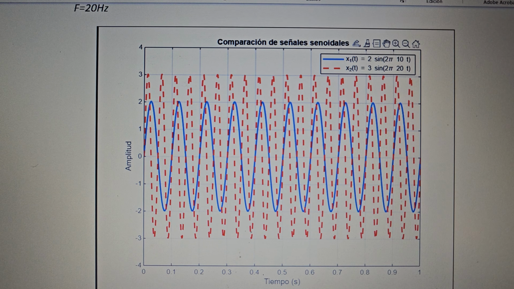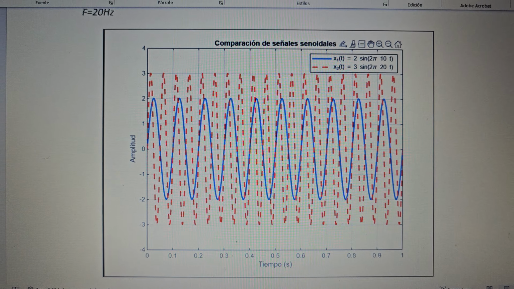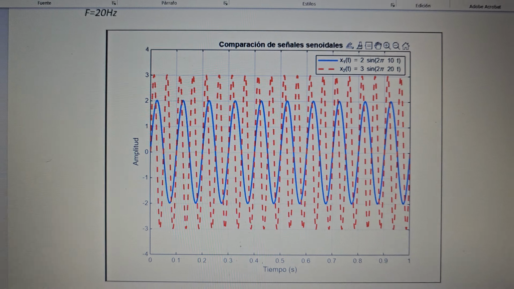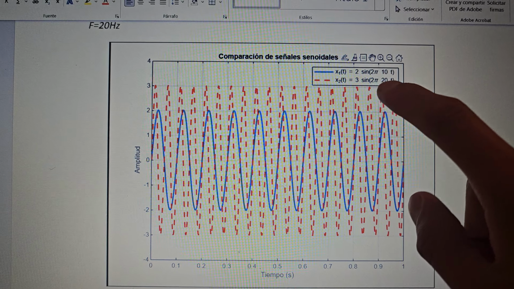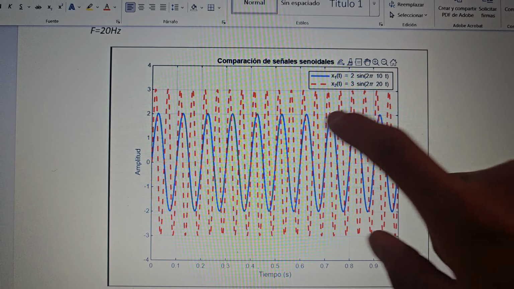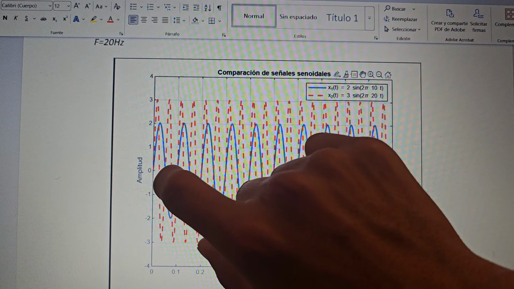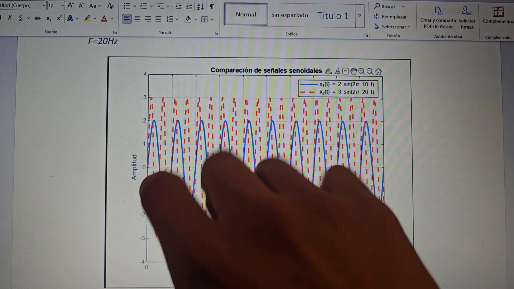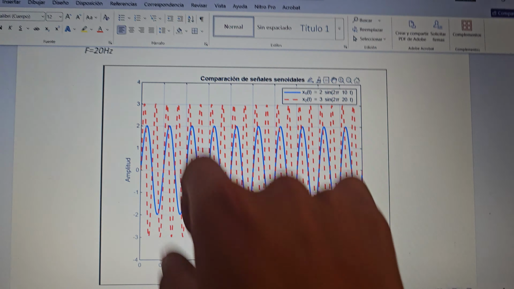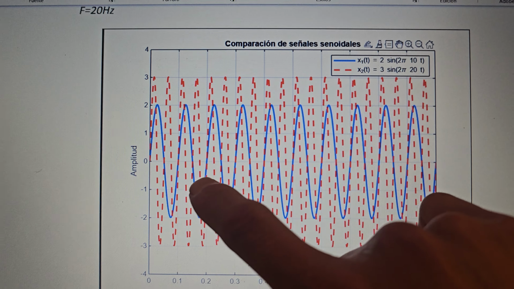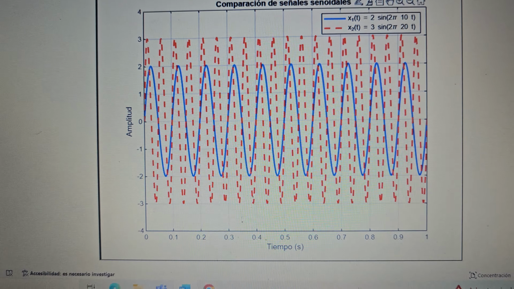And the interesting thing is that the frequency of the red signal is 20. So the period is going to be shorter. How can I explain? More thin with respect to the blue signal.